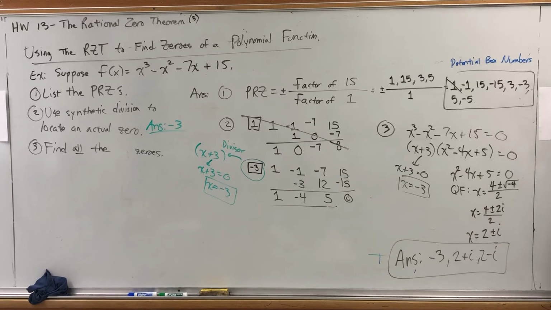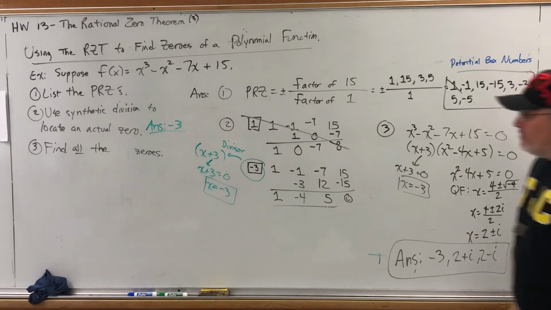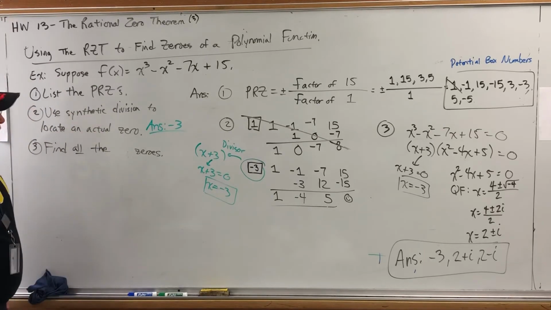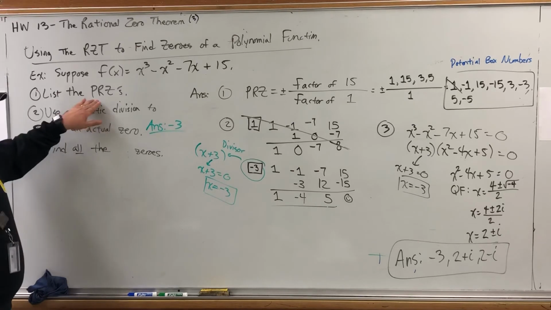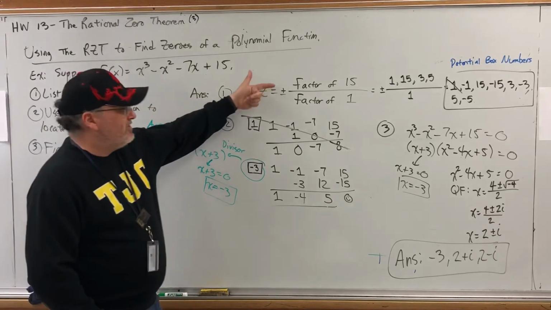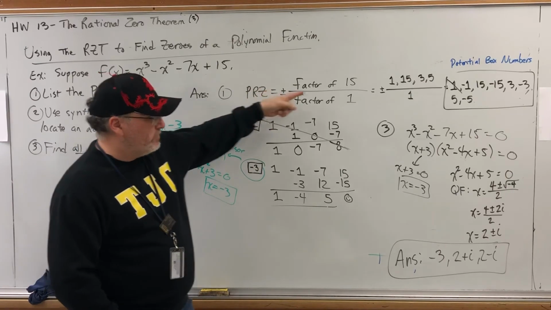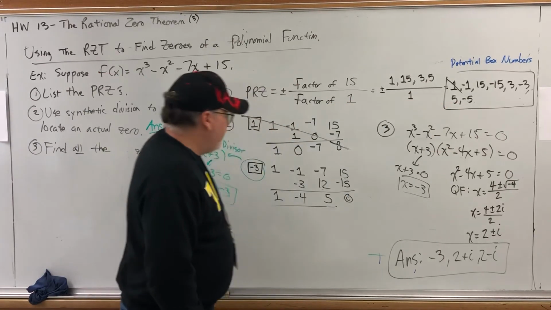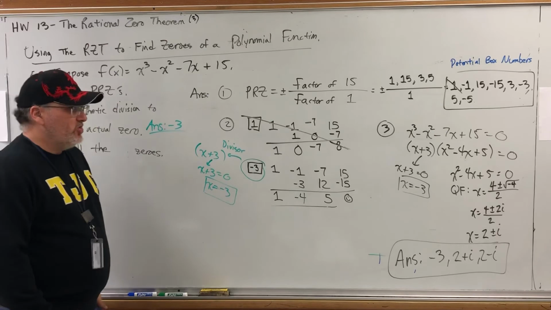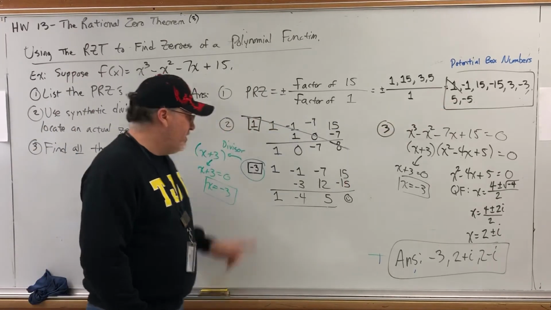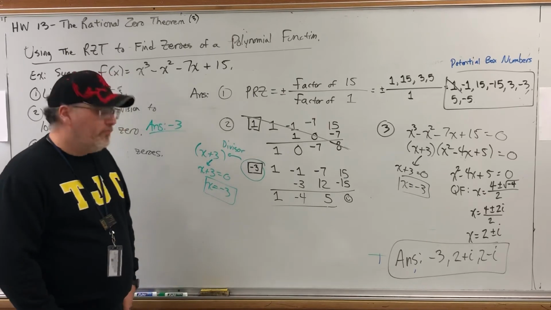So the general strategy for solving a polynomial function equal to 0 or finding the zeros of a polynomial function is to list the possible rational zeros by listing factors of the constant term over factors of the leading coefficient. Then get ready to do a lot of trial and error synthetic divisions by putting these numbers in as box numbers one at a time until you get a remainder of 0.